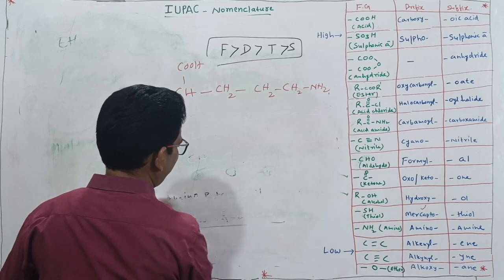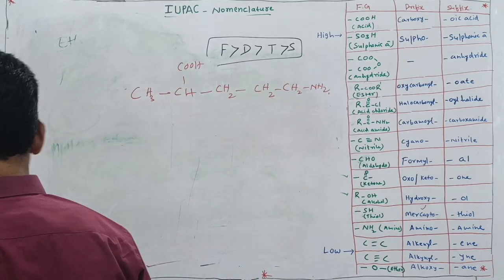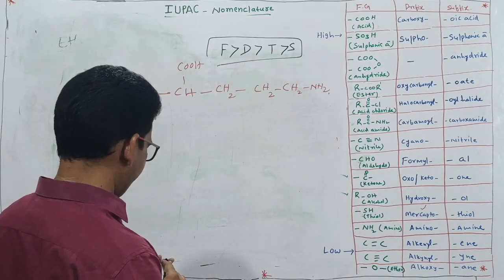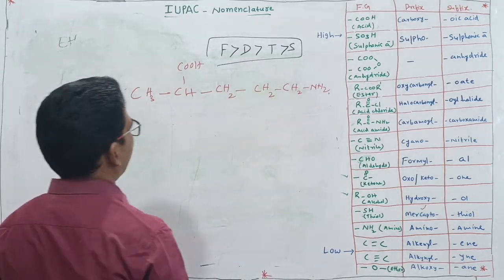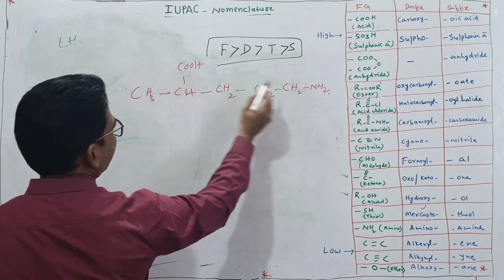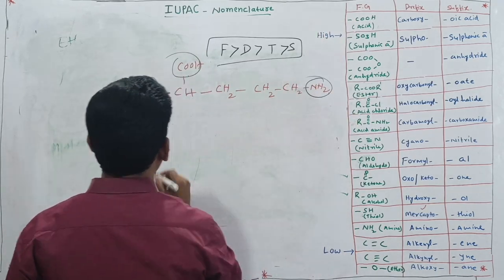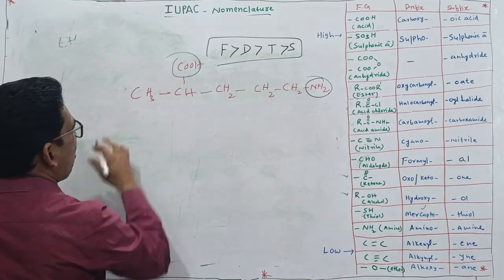This is more confusing. It is a little difficult one. But follow this one only. And priority is the group which has the more priority. Acid is there, amine is there. Acid will come first, more prior than the amine. That's why I have to start the numbering from here. Is it from here? No.